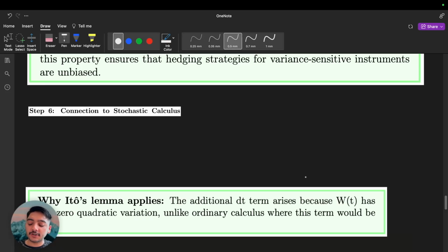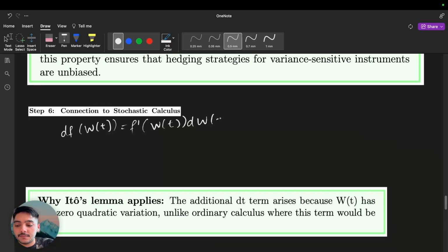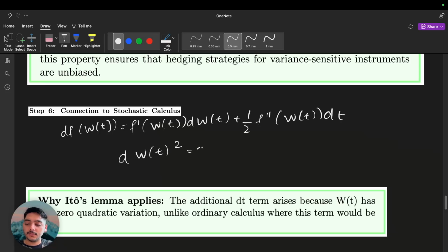For the function f(x) equal to x squared, df(W_t) is equal to f first derivative at W_t dW_t plus half second derivative of f at W_t dt, and then d(W_t squared) is equal to 2 W_t dW_t plus dt.